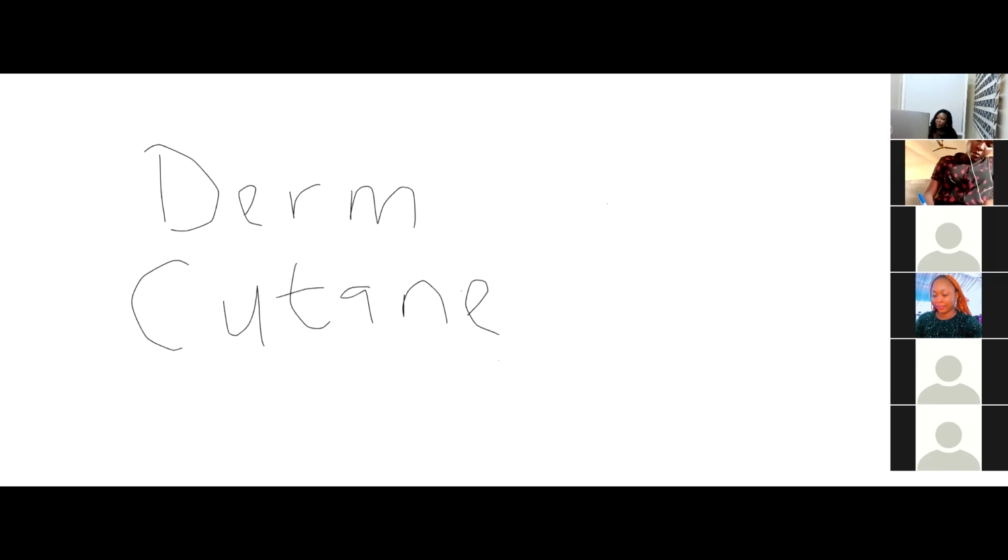These two words mean the same thing, but one is Greek and one is Latin. They refer to the same organ. While derm refers to the disease condition, cutis refers to the anatomical structure of the organ.